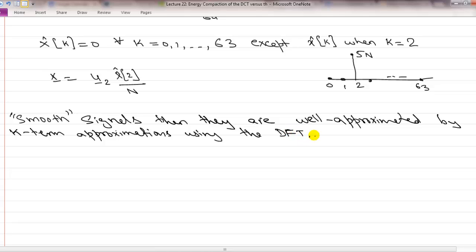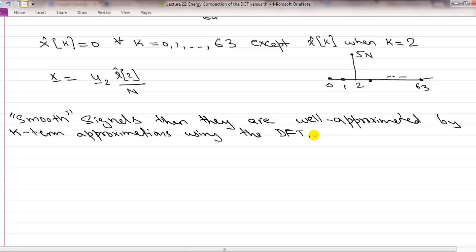But even within the class of smooth signals, it turns out that you can do better by going beyond DFT and actually talking about another transform, which is the discrete cosine transform. So unlike the discrete Fourier transform, which tries to express your signal as a superposition of complex exponentials, the discrete cosine transform tries to represent your signal as a superposition of cosines.